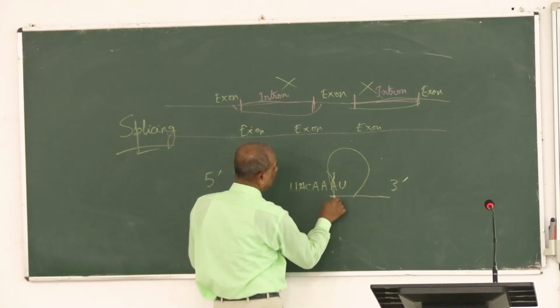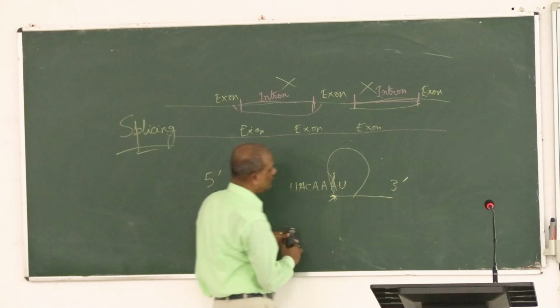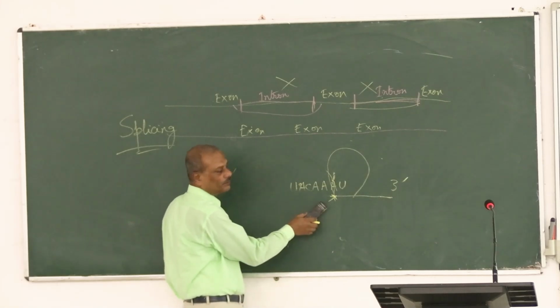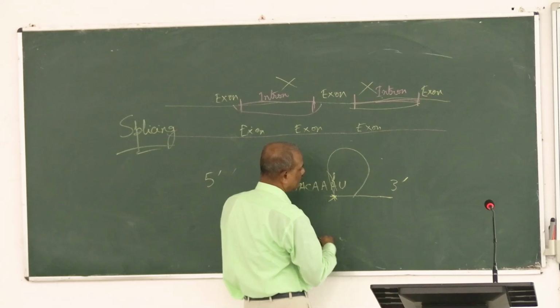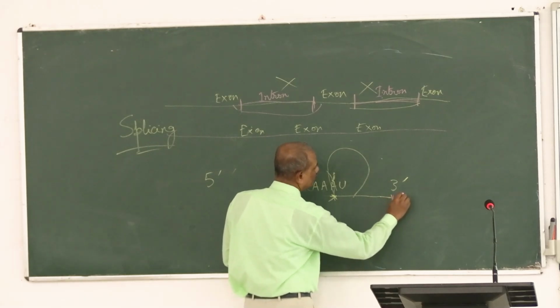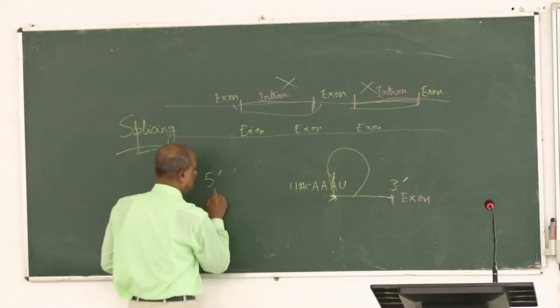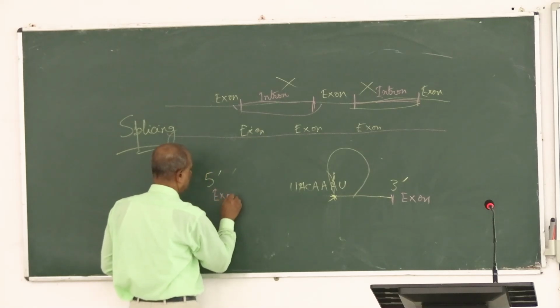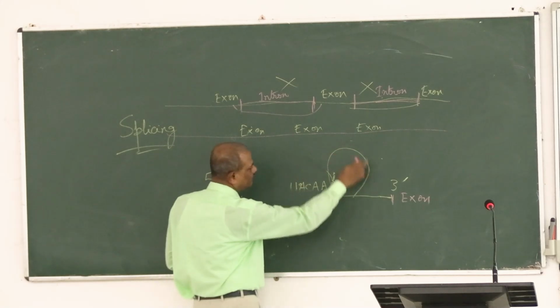And this point is about 20 to 40 base pairs ahead of the 3' end of the exon. So the intron is cut here and it forms a lariat.